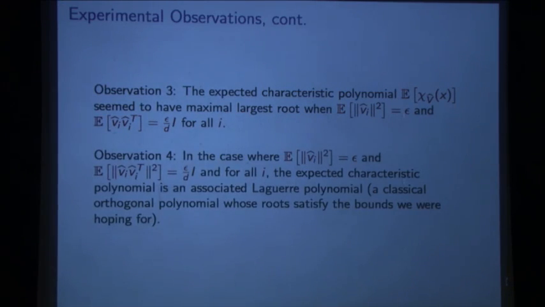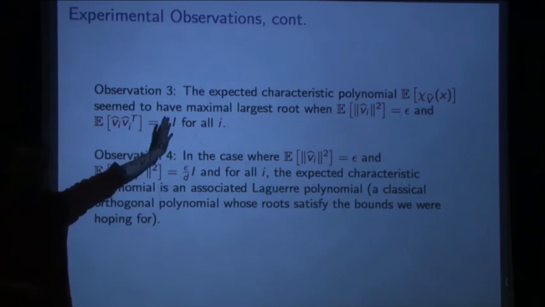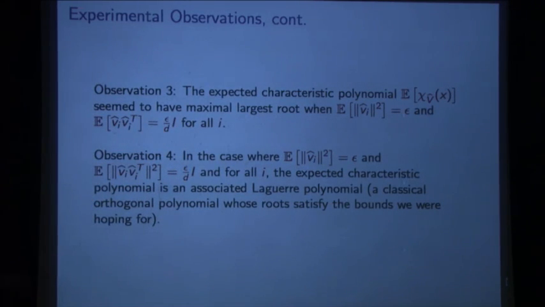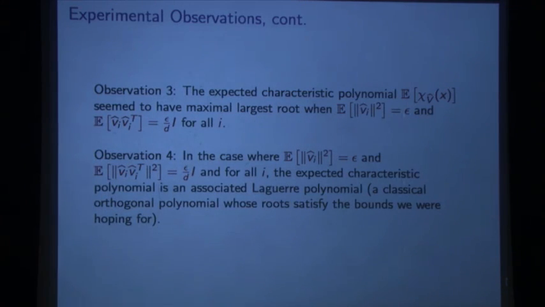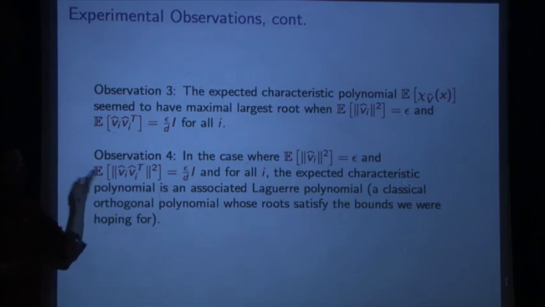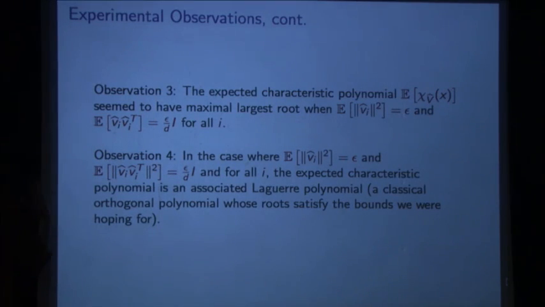And observation 4 was when we looked at this case where all of the vectors were the same and the random vectors were epsilon over d times the identity, the expected characteristic polynomial turned out to be what's called an associated Laguerre polynomial. These are classic orthogonal polynomials that have been studied for a long time, and in particular have very nice bounds on their roots, very close to what they actually are.